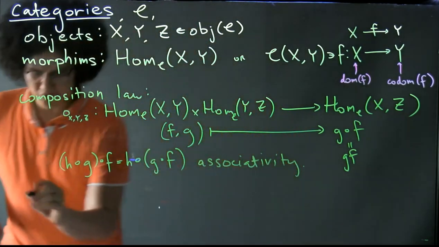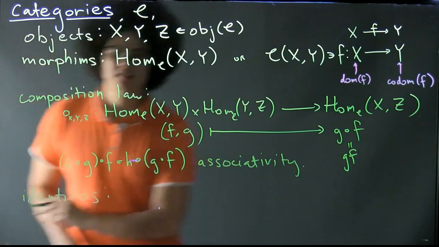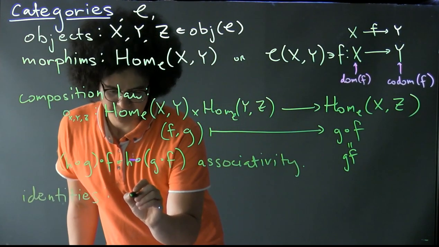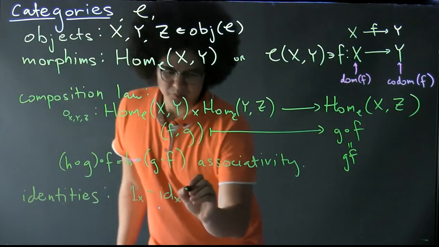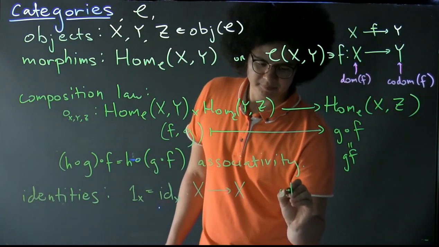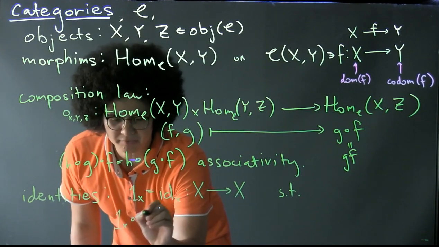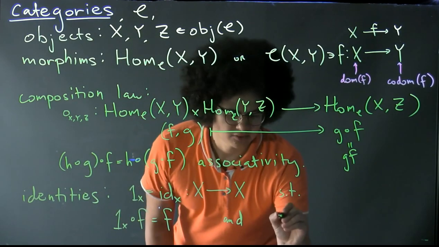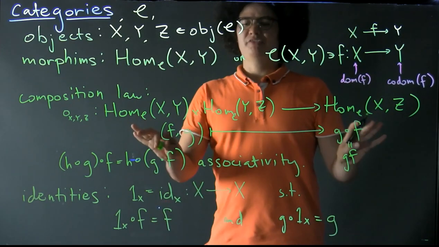And finally, we want identities. And that is, for each object x, I want a morphism, which I'll denote either 1x or id_x, which is a morphism from x to itself, such that 1x composed with f is f, and g composed with 1x is g, whenever these are well defined.